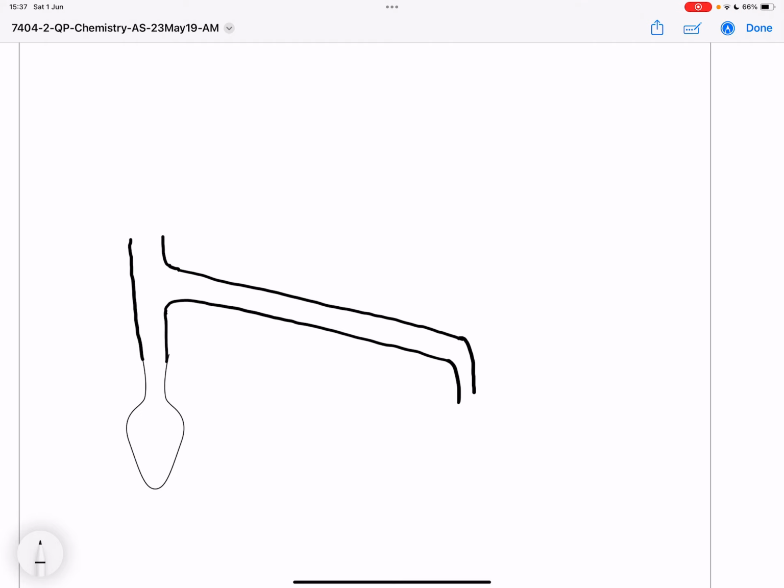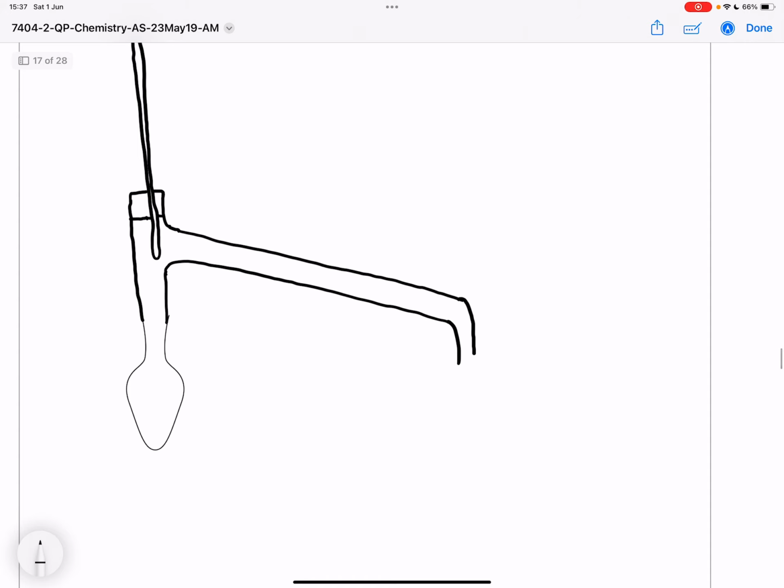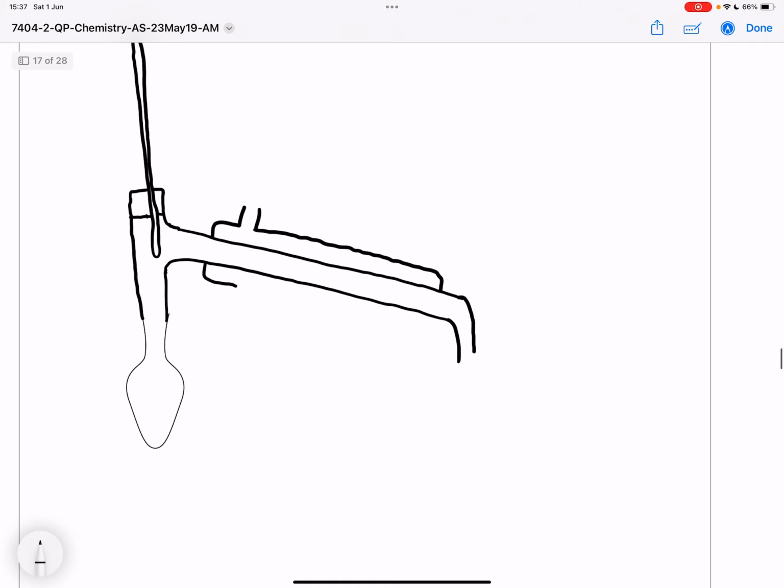And then we've got a thermometer in line with the opening of the condenser, and there needs to be no gaps for the vapours to come out of the top of this distillation apparatus. And then we need to put a jacket on our condenser. So there aren't really marks for how artistic this is. The marks are for how scientifically accurate this is.